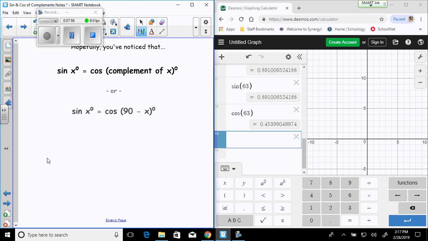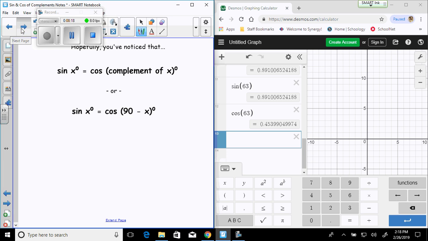Or you can write it as the sine of x is equal to the cosine of 90 minus x. And remember, 90 minus x is how you get the complement. And this works vice versa. The cosine of x is equal to the sine of the complement of x.